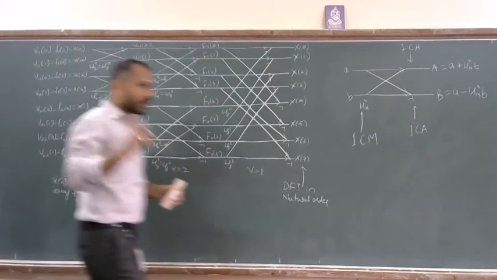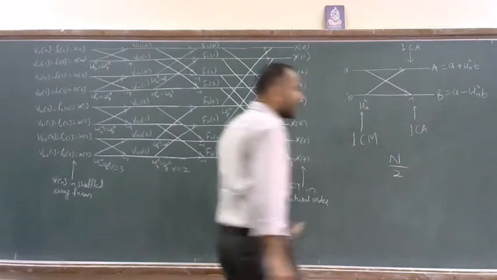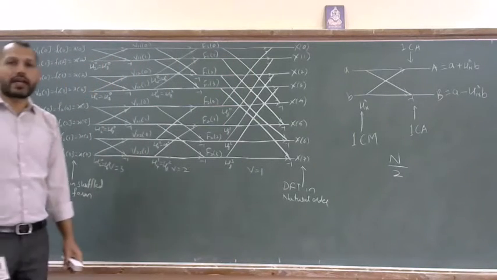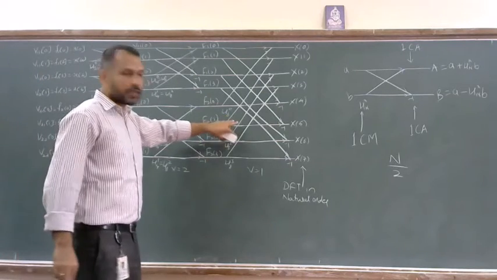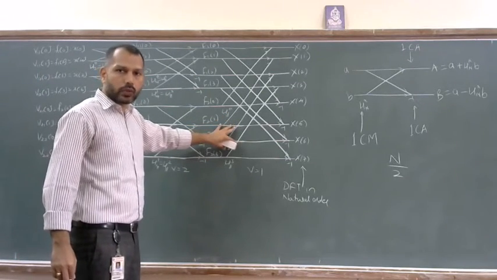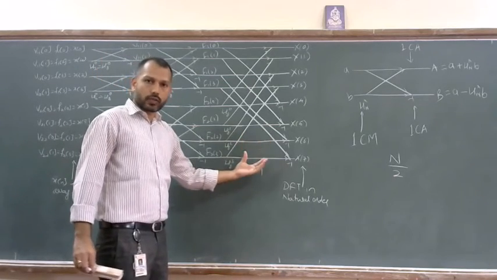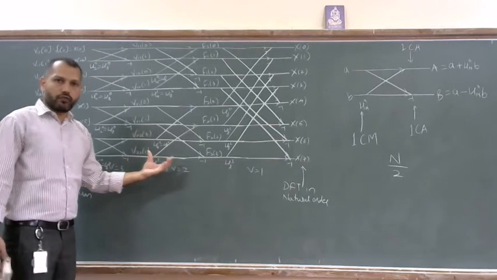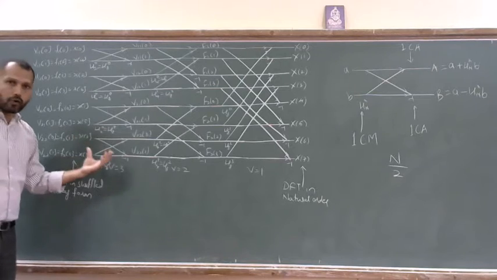So for every stage in the DIT FFT algorithm, there will be N divided by 2 butterfly structures. We have developed this for capital N equals 8. So in the first stage we have N by 2, 8 by 2, which is 4. In the second stage we have N by 2, 4 butterfly structures. In the last stage also we have N by 2, 4 butterfly structures.